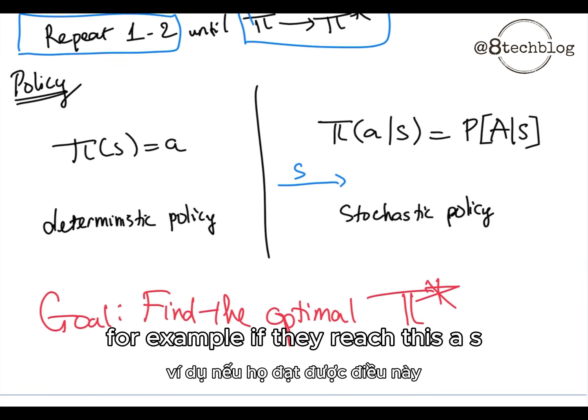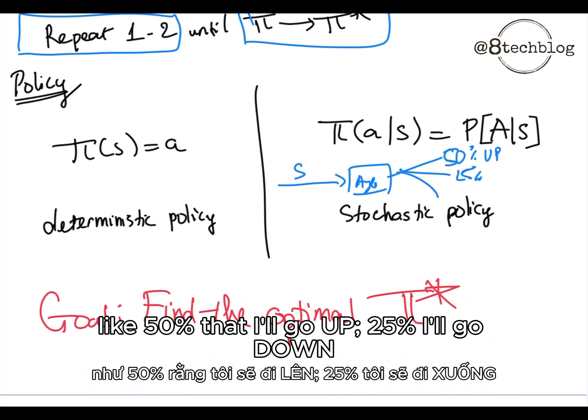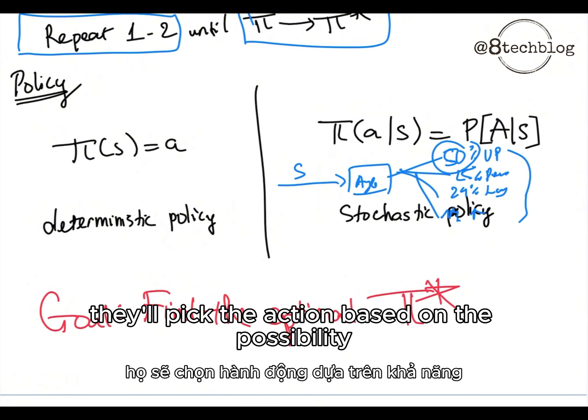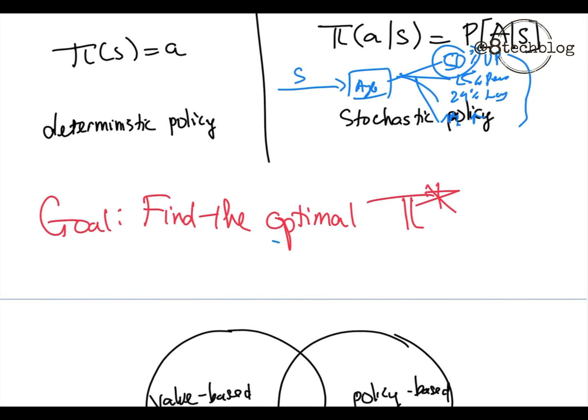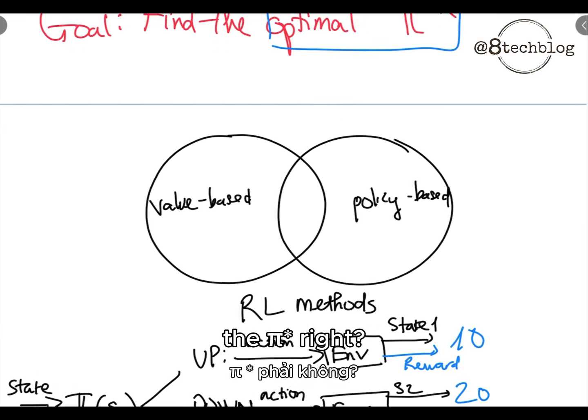For example, if it reaches the state S, the agent could give some kind of probability: 50% I will go up, 25% I will go down, 24% I will go left, and 1% I will go right. They pick the action based on the probability. The goal is to find the optimal policy, P star, right?